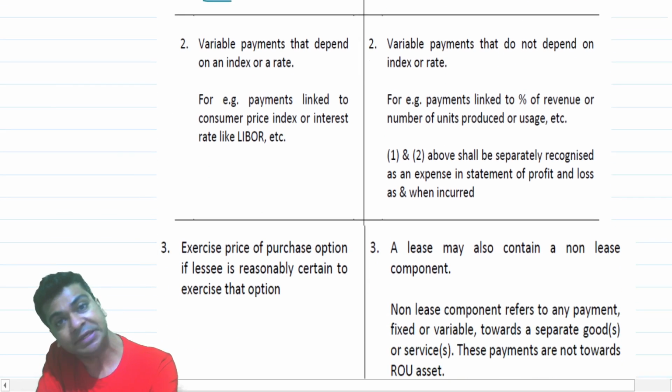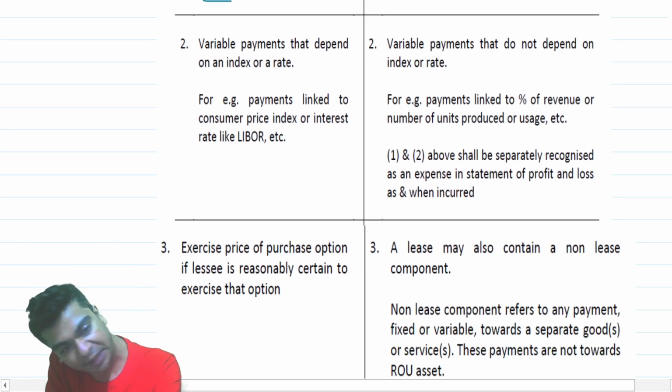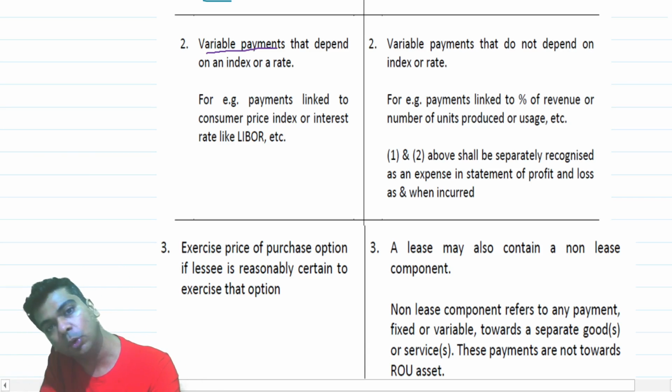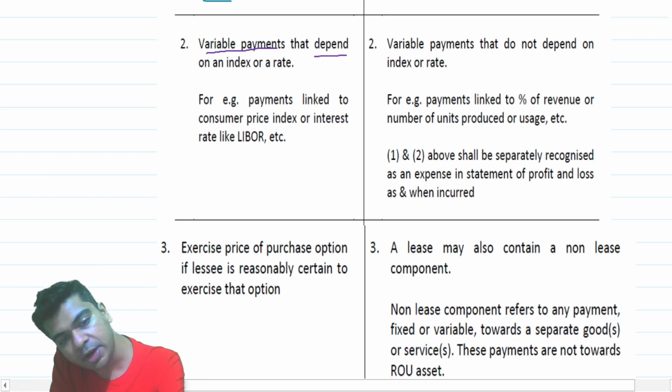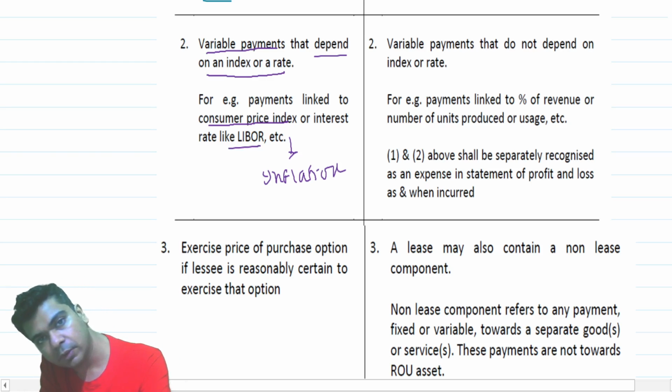Instead of fixed payments, the lease agreement may be designed in a way that it is giving rise to variable payments. Then variable payments should also be included, provided the variable payments depend on an index or a rate. For example, they are saying payments linked to consumer price index. This is nothing but an index that is reflecting the inflation or an interest rate like LIBOR.